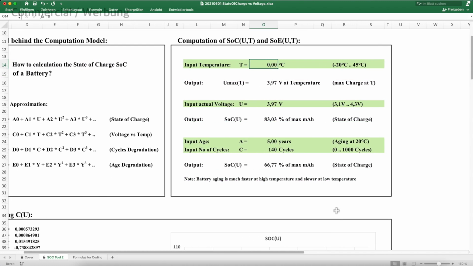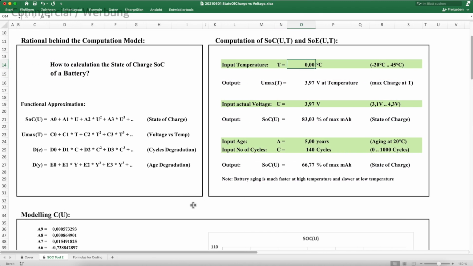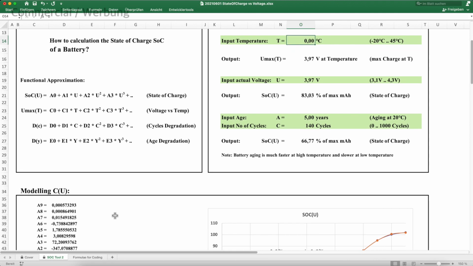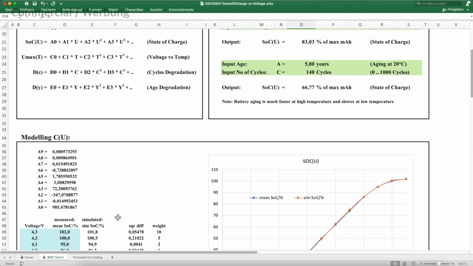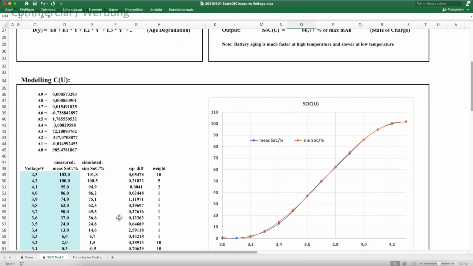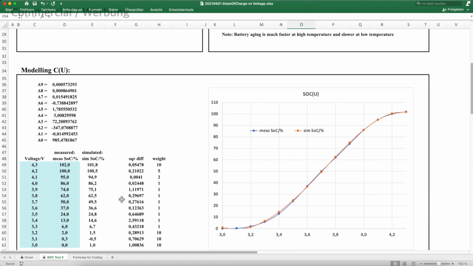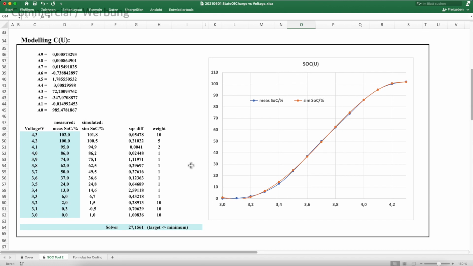As promised, I want to explain now some secrets of the tool that may allow you to adjust the tool to any other battery type instead of lithium-ion. In the tool, we are using a so-called functional approximation of the discrete values that we got here highlighted in blue.